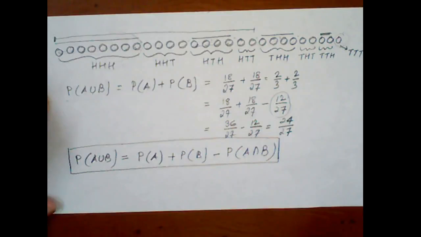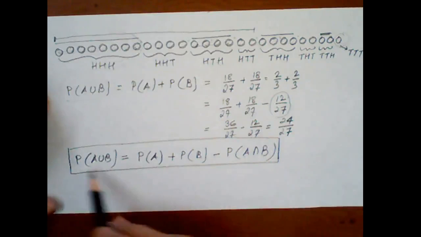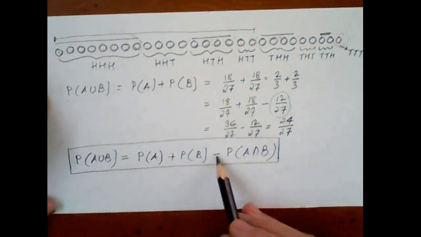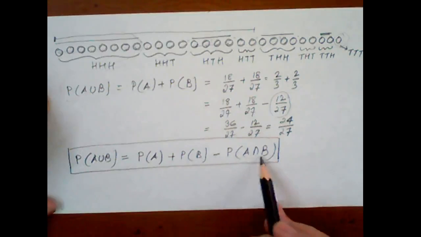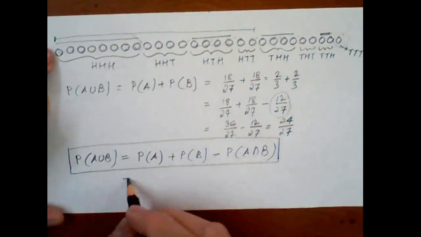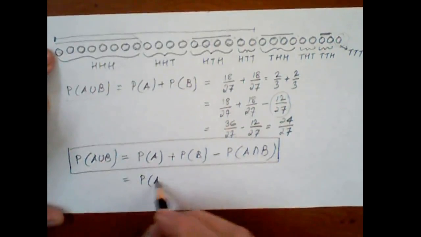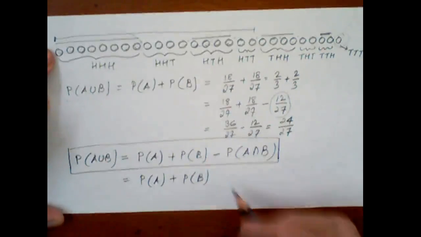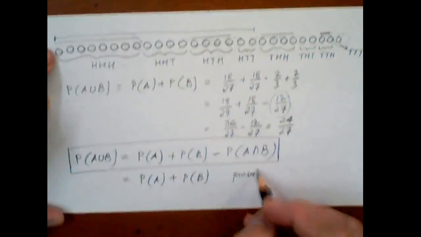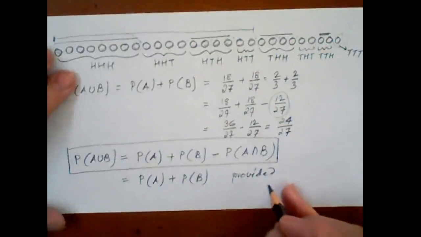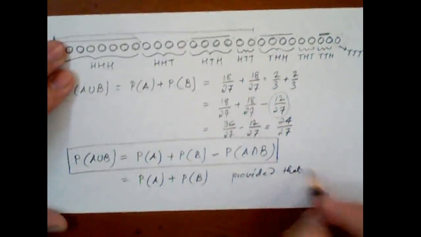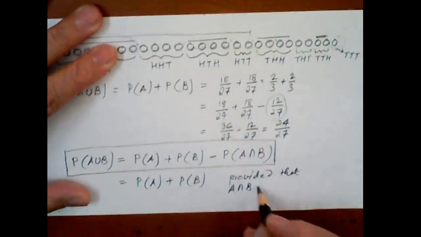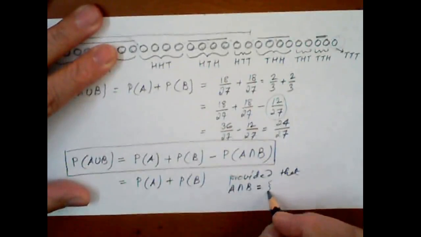Alright? So, P of A union B equals P of A plus P of B minus P of A intersection B, and it can be equal to P of A plus P of B provided that A intersection B is basically a null set.